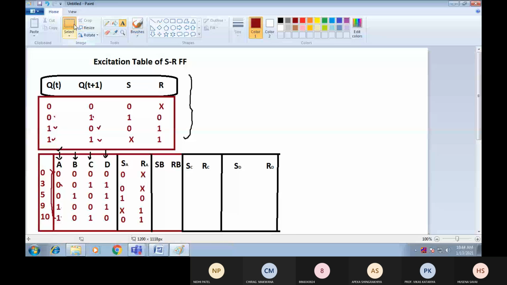Now you have to consider the second one. Present state is 0, next state is 0. Present state is 0, next state is 0. Present state is 0, next state is 0. Input is 0 and cross.